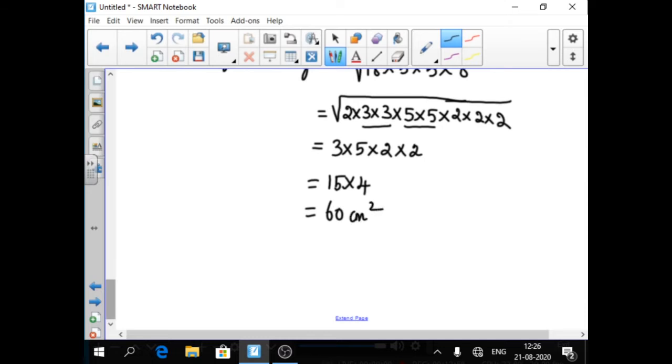Okay, so we want to find the cost of painting. So this is the area of a triangular board. Okay, area of a triangular board.